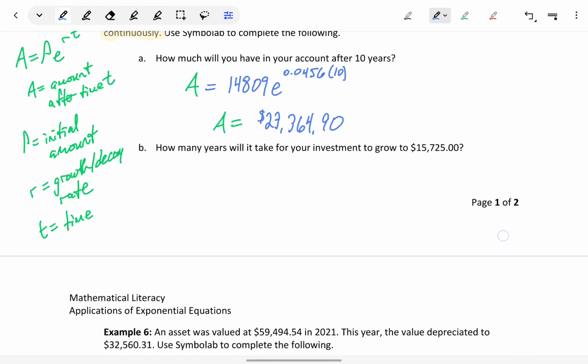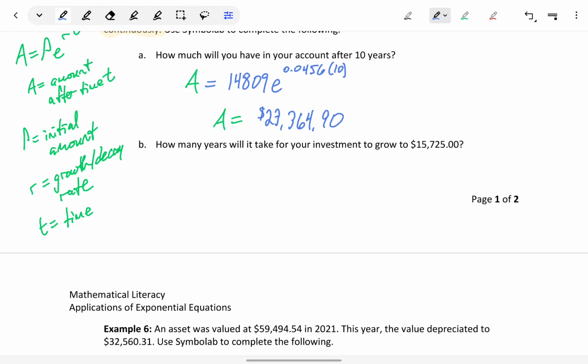In part B, we have a slightly different question. Now we're asked, how many years will it take for your investment to grow to $15,725? So now we're being told the total amount A, which is $15,725.